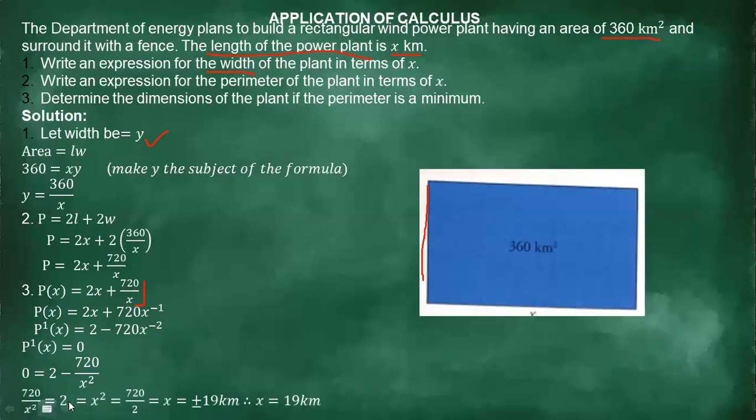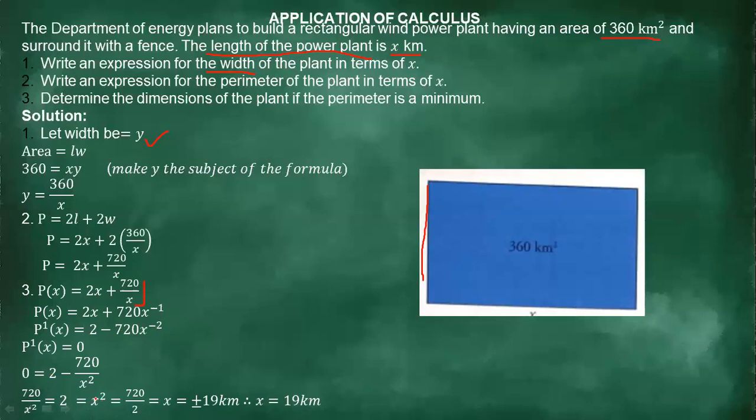You transpose the 720 to this side. Because we are solving for x, we cross multiply, and then we divide by 2.